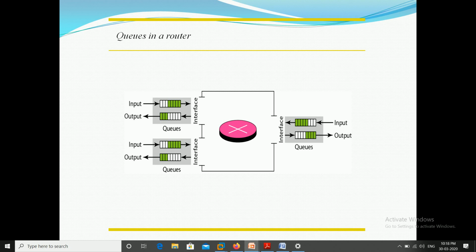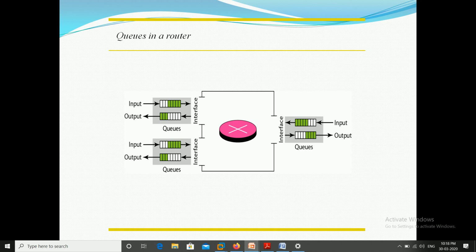Interfaces means ports. They have memory. They maintain two queues: one is the input queue and one is the output queue. In the input queue, they receive the packet from the last node towards its source, and they store it in the input queue. On the output queue, it sends the packet towards its destination.